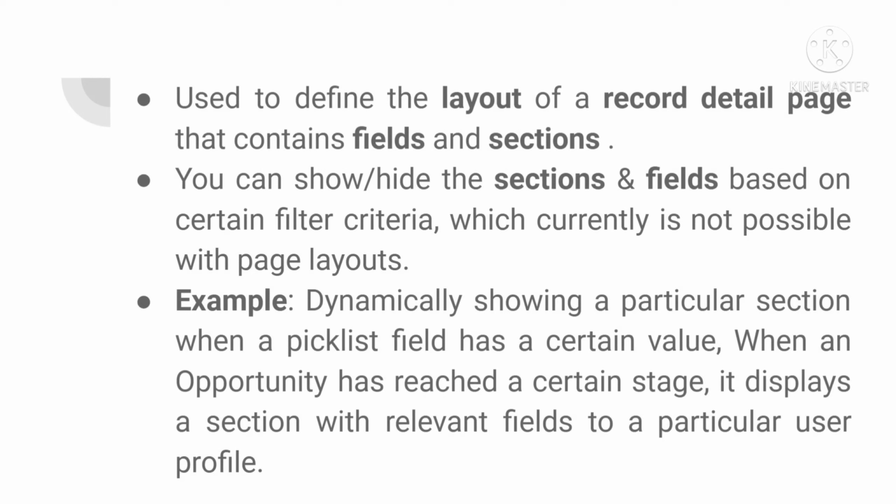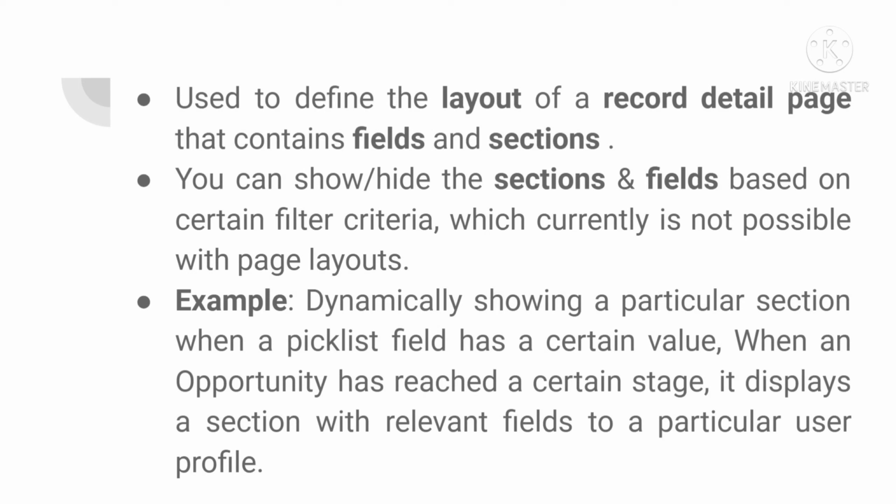For example, you want to dynamically show a particular section of an opportunity when a particular value of the stage is selected. If the opportunity stage is 6 or 4 or 3, then only you want to display a particular section of that opportunity.